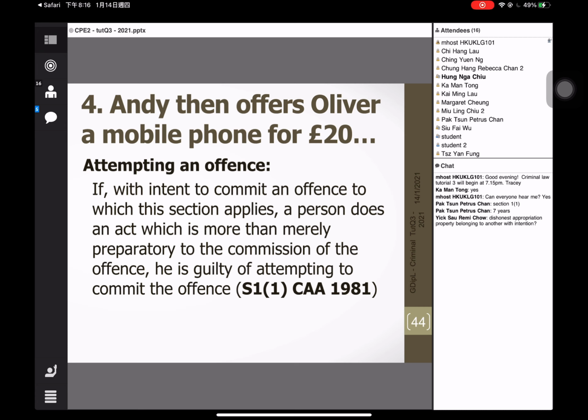So the actus reus part is doing an act which is more than merely preparatory. So acts are split up into merely preparatory acts, and then the embarkation of the offence proper, if you like. So if we're in that sort of preparation stage, then it can be an attempted offence.